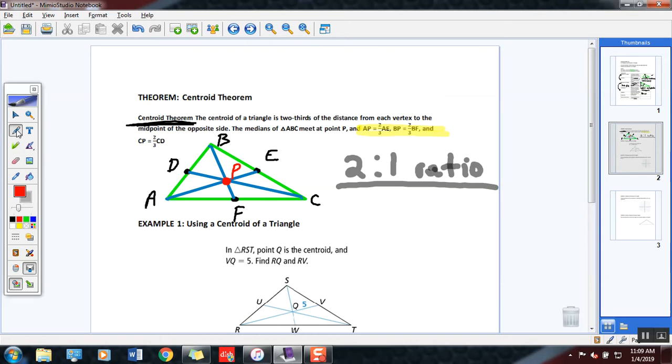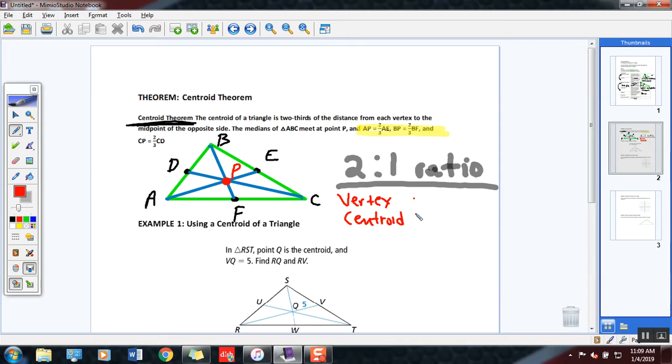Okay? Think of 2-to-1 ratio. Here's what I'm going to tell you. The distance from the vertex to the centroid is like 2 units for every distance from the centroid to the, what's this point over here called? Midpoint.